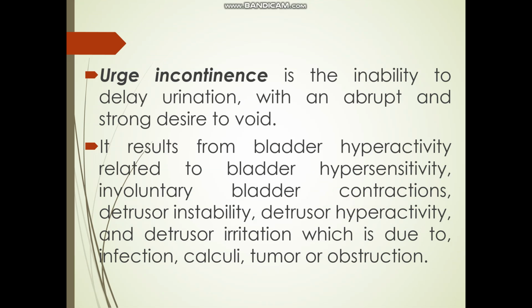Sometimes it is seen in detrusor instability, that is detrusor hyperactivity as well as detrusor irritation. The detrusor irritation commonly occurs due to infection, mainly UTI, or calculi, tumor or obstruction. So that is urge incontinence, the inability of the person to delay urination. At any cost, the person cannot control the feeling to urinate.